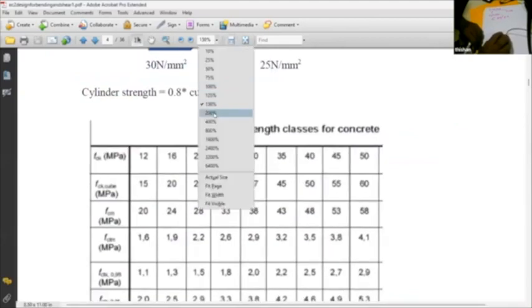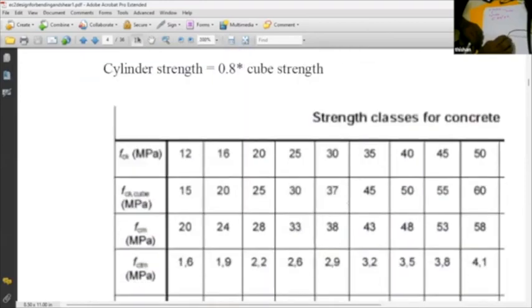Now you can clearly see that we have cube strength 30 and the corresponding cylinder strength is 25. We have 37/30, 40/35, 45/40, 50, and then here we have 20/25, 25/30, 30/37, 35/45, 40/50, 50/60, and so on. But there's an upper ceiling at 45/55, 50/60.